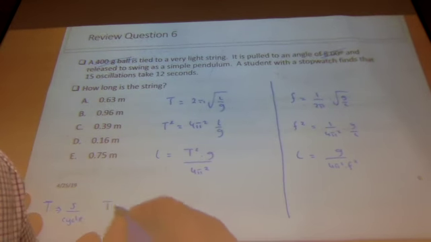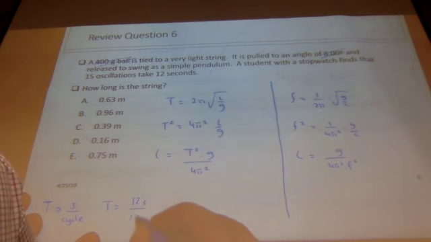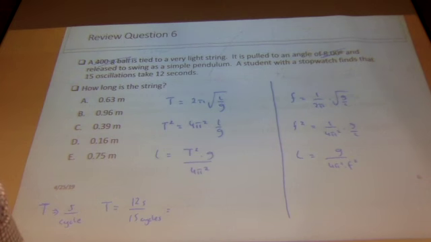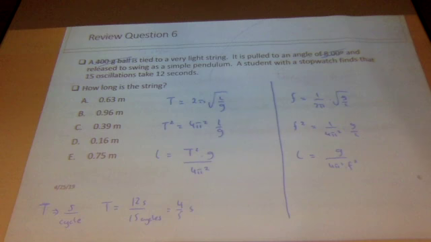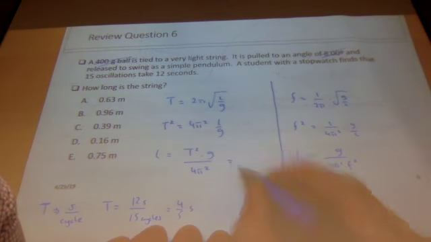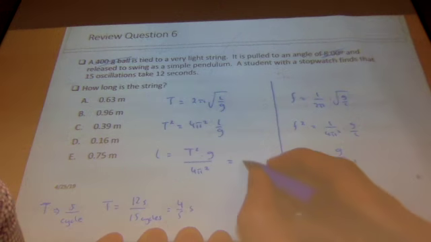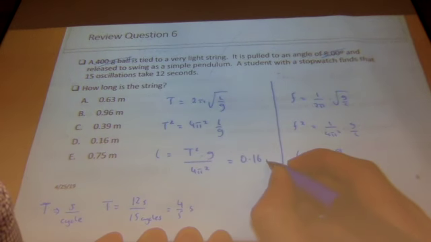In this case it is 12 seconds over 15 oscillations, so 15 cycles. So what's that? 4/5 of a second. The length works out to be 0.16. If you plug this back in here with g, you get 0.16 meters.